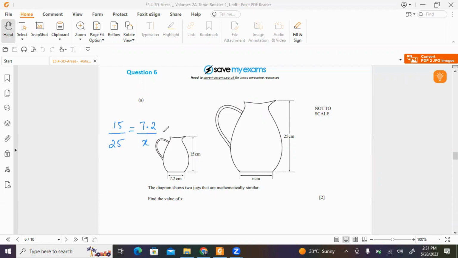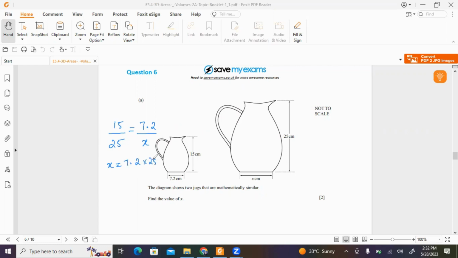And you have to make sure that if you're putting, for example, the height of this smaller jug in the numerator, then the base of the smaller jug will also be in the numerator in the other fraction. It's very important.